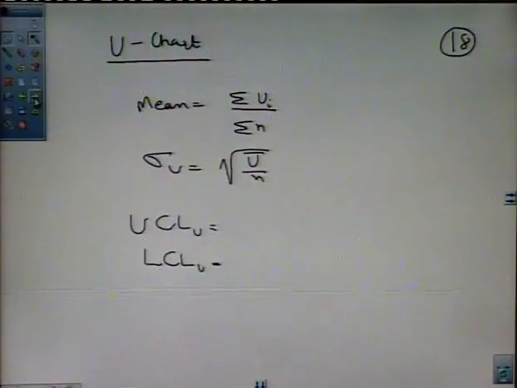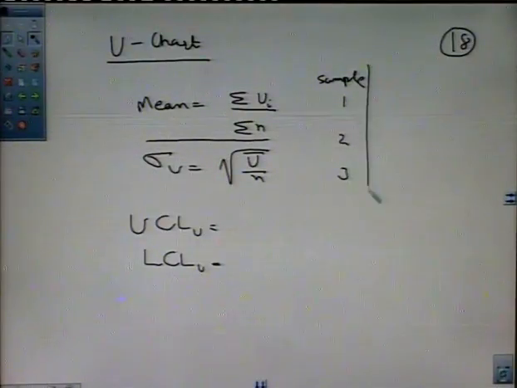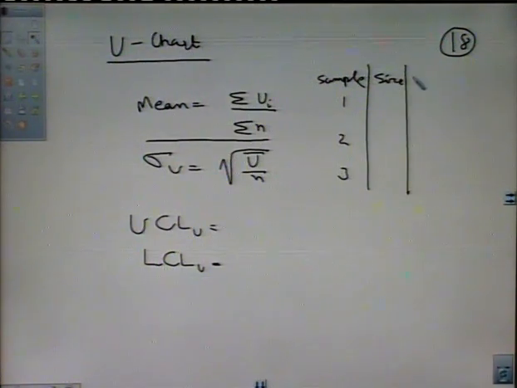Similarly, in case of the U chart, we have first the sample, then the sample size, then the number of defects, then we calculate the Ui.